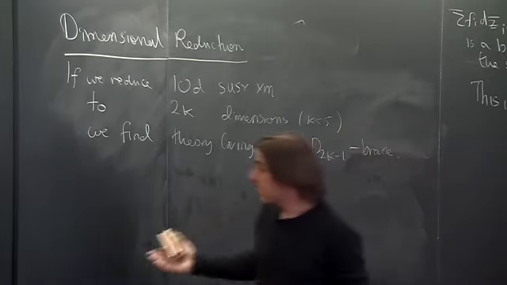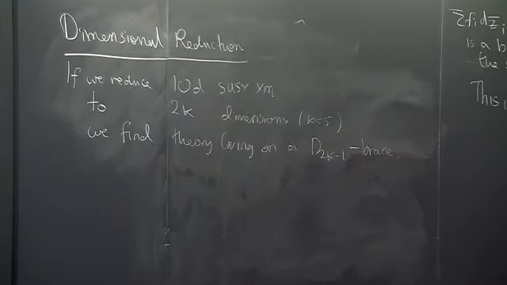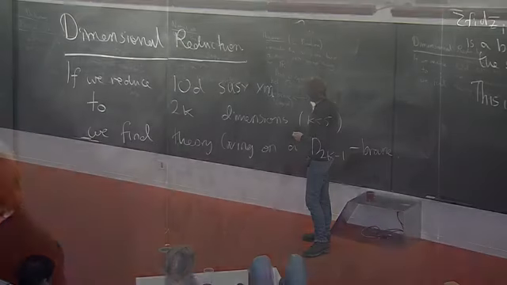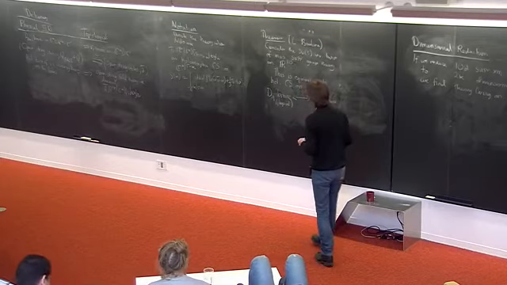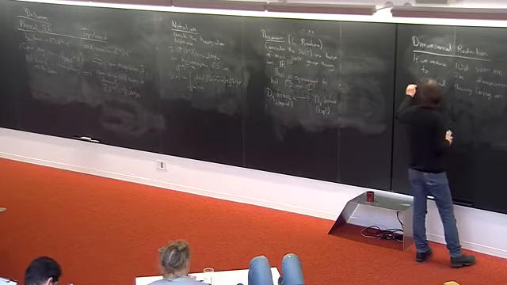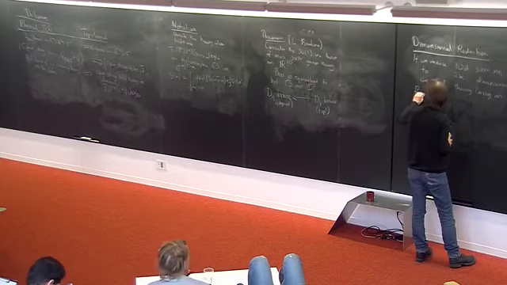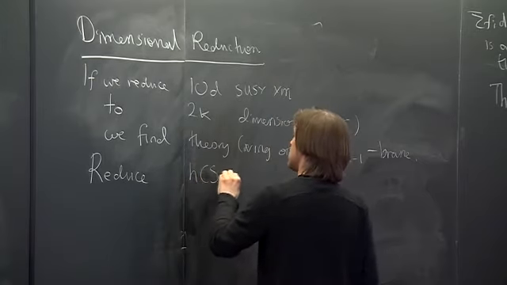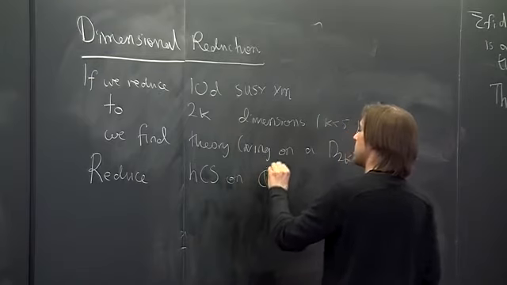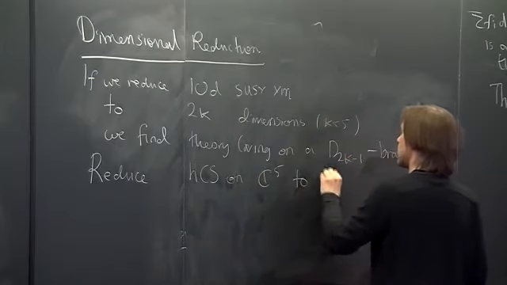So to see if this correspondence works for other branes, what we have to do is just apply dimensional reduction on both sides. So we have to check that dimensional reduction of holomorphic Chern-Simons theory here to lower dimensions gives us what we said it did. So if you reduce holomorphic Chern-Simons on C^5 to C^k, what do we find?